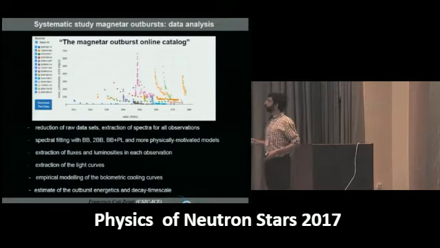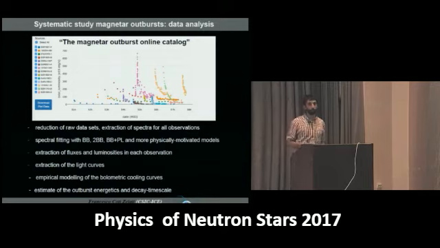Then we adopted the canonical models to describe the emission for all these sources, in particular single blackbodies, or in most cases the superposition of more than one blackbody, a blackbody plus a power law, but we also tested more physically motivated models, in particular accounting for the resonant Compton upscattering of thermal photons from the surface onto the charged particles in the external magnetic field of these neutron stars.